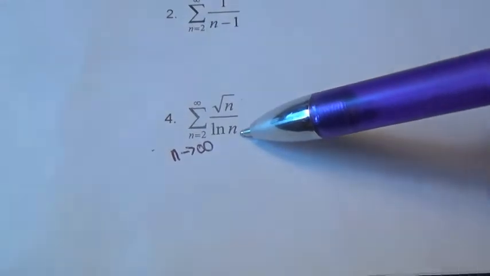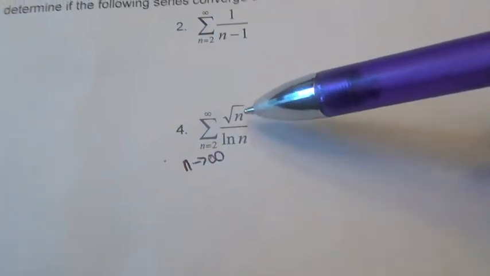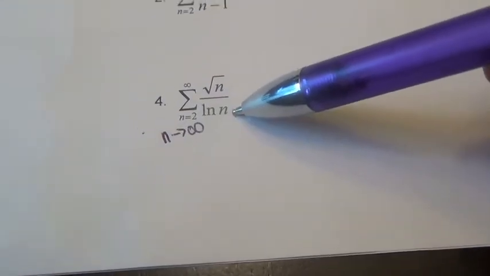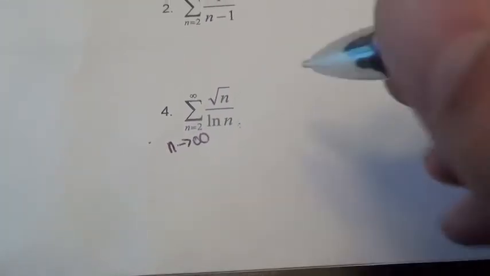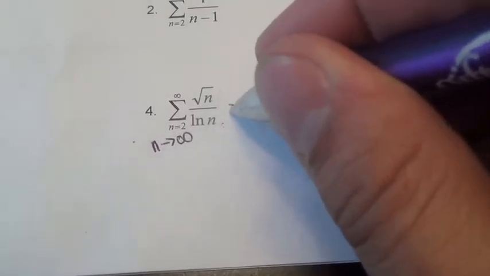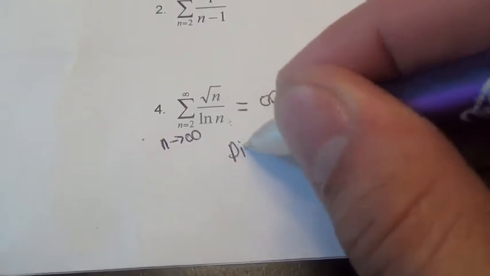So root n, even though it grows pretty slowly, does grow faster than the natural log of n. Since this is faster, this fails the nth term test. So we would say that this limit is infinity, and therefore this would diverge.